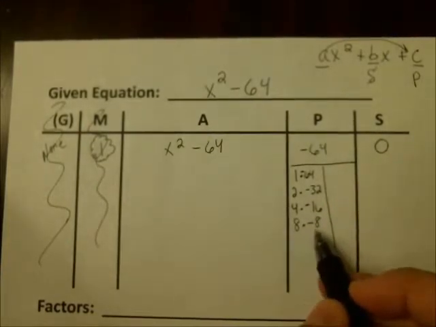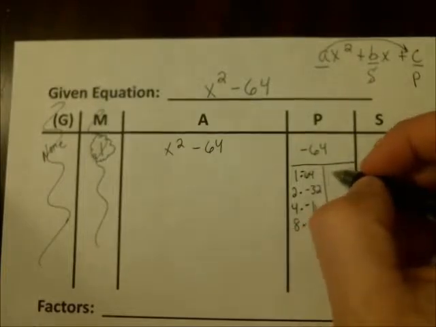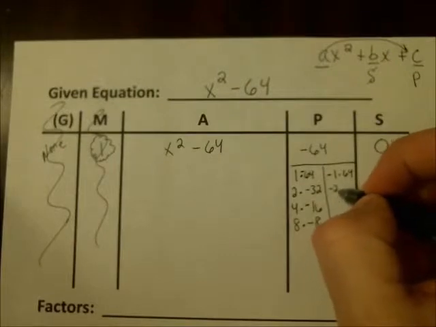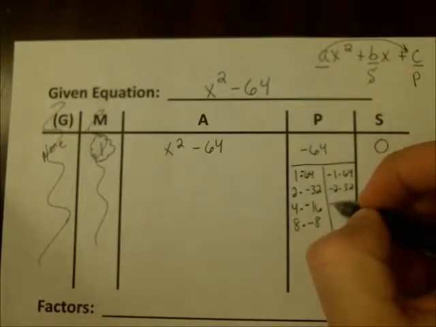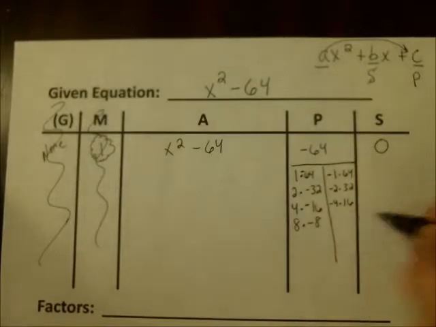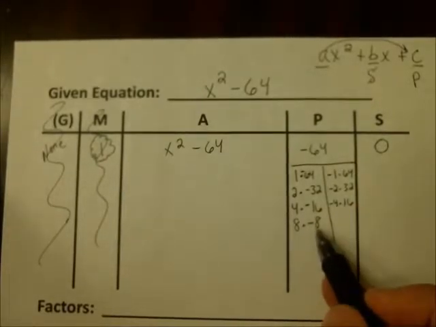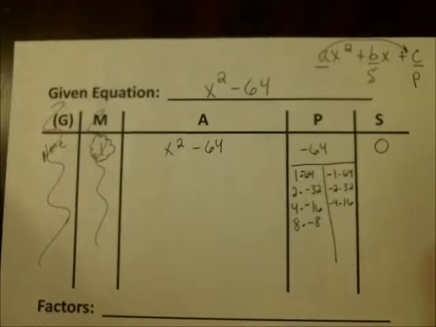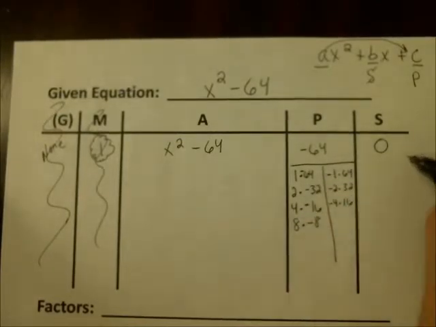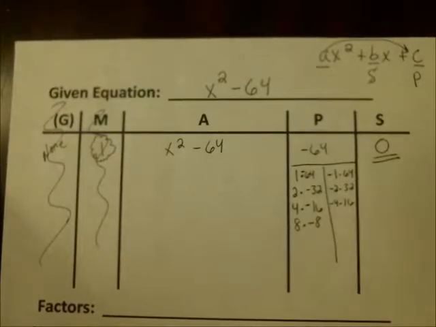I'm starting to replicate my numbers, so then I have to reverse this negative. Negative 1 times 64, negative 2 times 32, negative 4 times 16. And then I don't really need to replicate this one because 8 times negative 8 or negative 8 times 8, same thing.